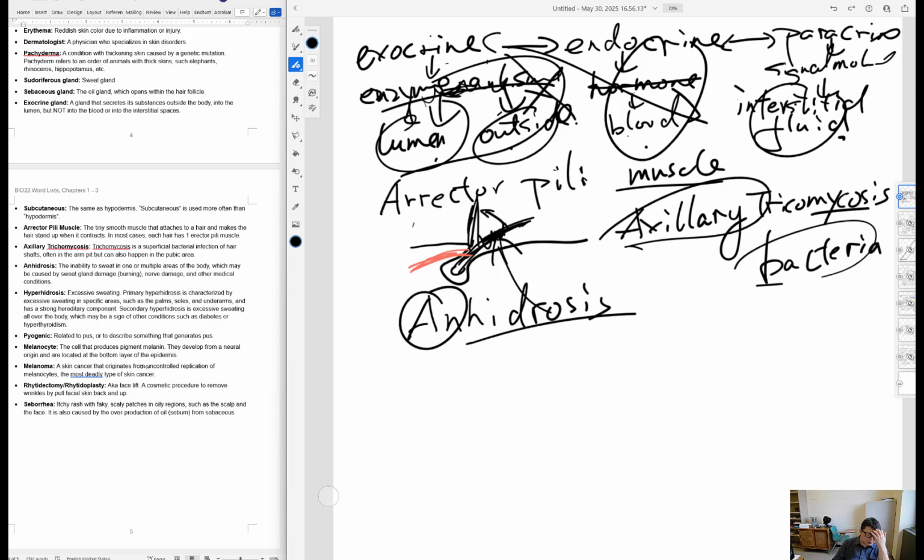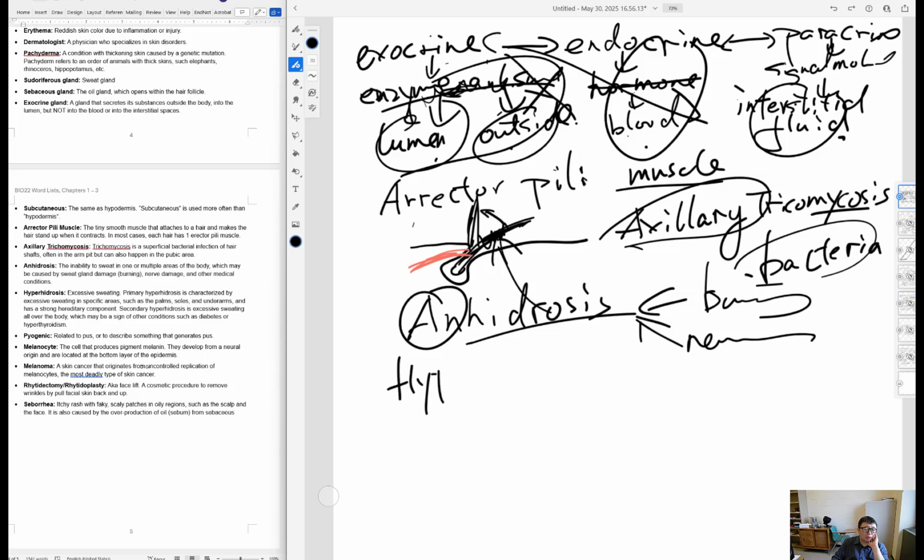In some cases it is because of burning, where the burning of the skin damages all the sweat glands. Or sometimes it's another problem, a neurological problem, since sweating is controlled by the nervous system.